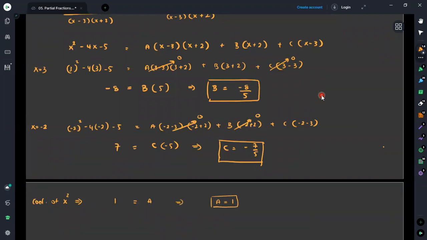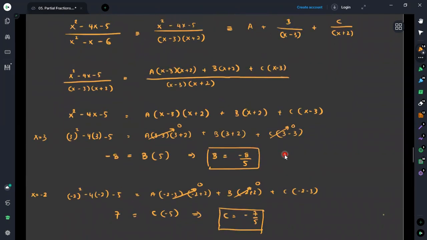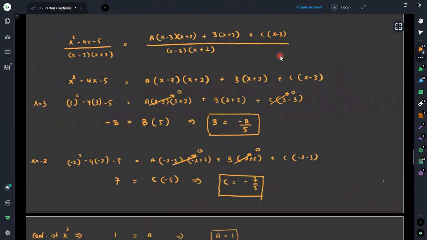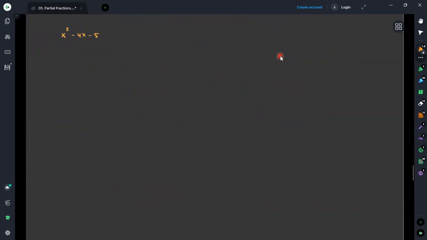Now we have found the values of a, b and c separately. Then we can write it in the appropriate way. What we had was x squared minus 4x minus 5 over x squared minus x minus 6. And what we have found was the value of a is equal to 1.